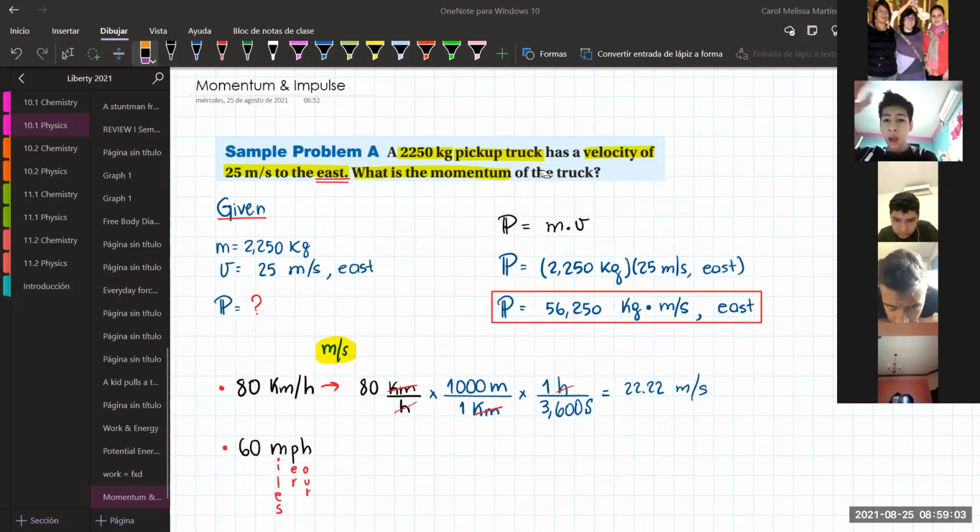This is an abbreviation that we use. It is very common, mph. But we cannot do a conversion directly from mph, so we need to rewrite it as an expression.